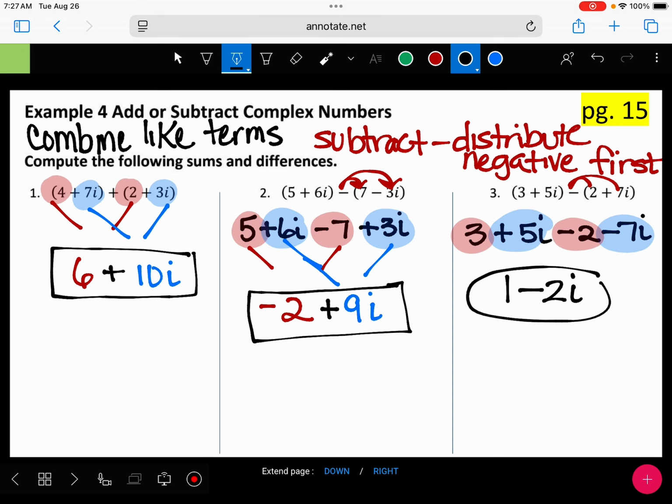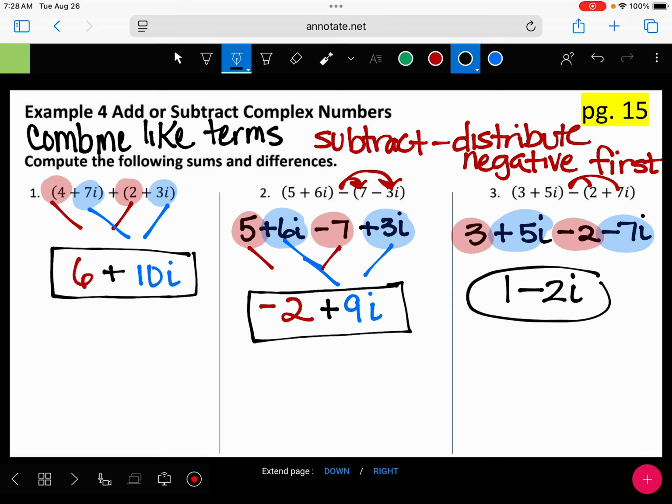Distribute the negative. This is just like number 2. Do the sign change, and then combine the like terms. Don't forget to put the i.